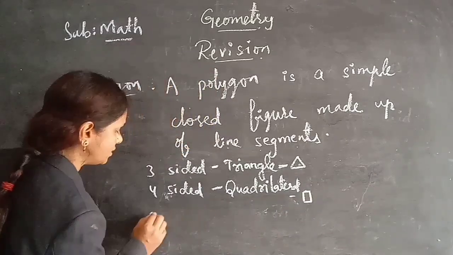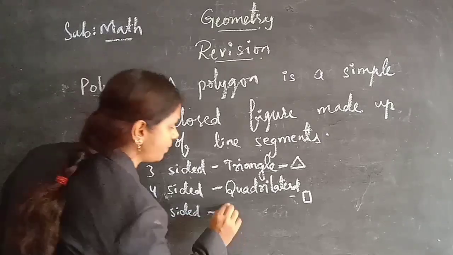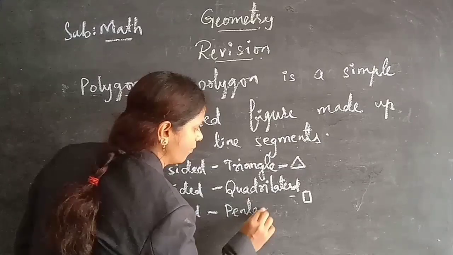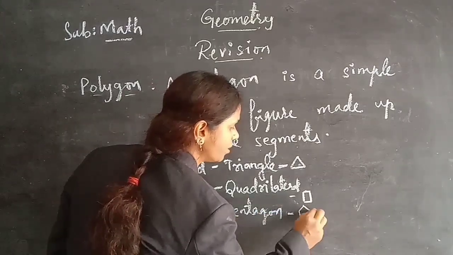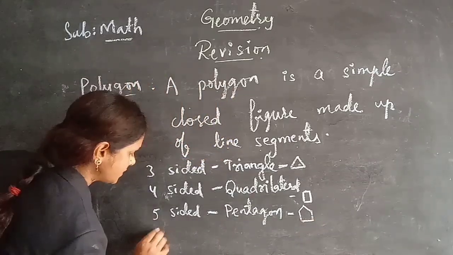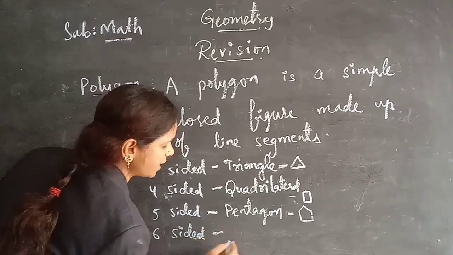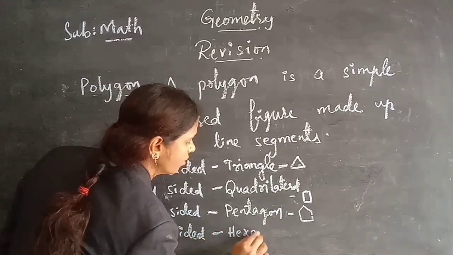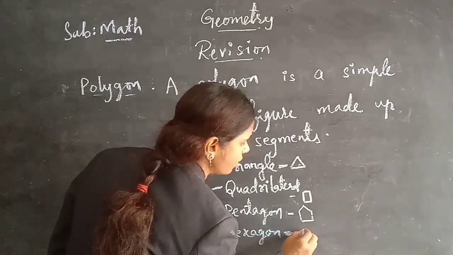Okay. Now next, a five-sided figure. A five-sided figure is a pentagon. Here you can see, children, this is a pentagon shape. And a six-sided figure is a hexagon. Here you can see the hexagon.